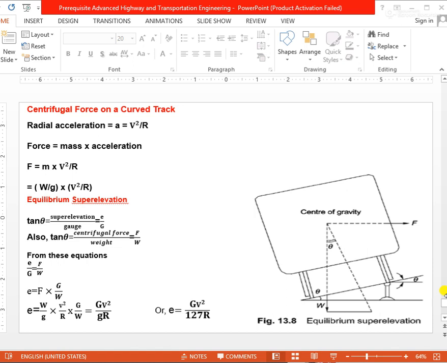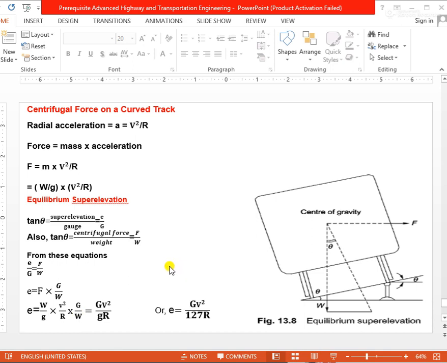A state of equilibrium is reached when both the wheels exert equal pressure on the rails and the super elevation is enough to bring the resultant of the centrifugal force and the force exerted by the weight of the vehicle at right angles to the plane of the top surface of the rails. In the state of equilibrium, the difference of the height of the outer and inner rails of the curve is known as equilibrium super elevation.